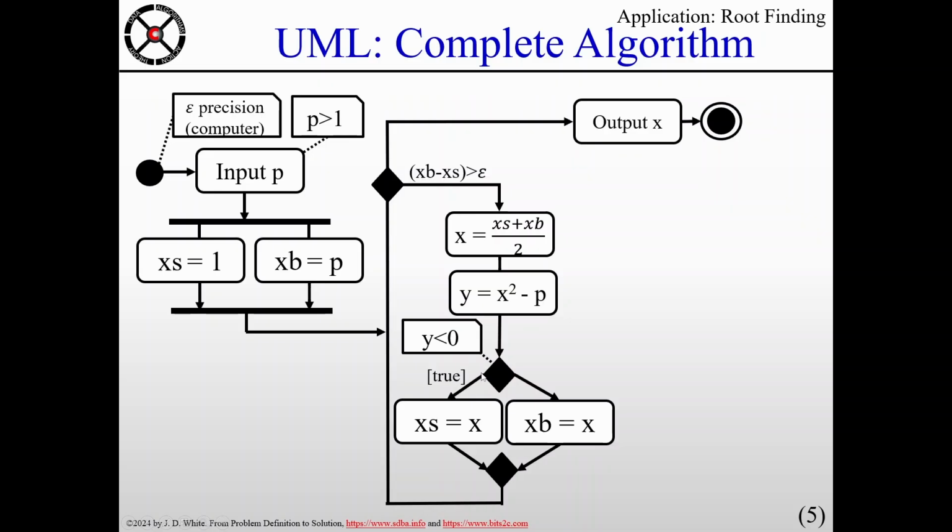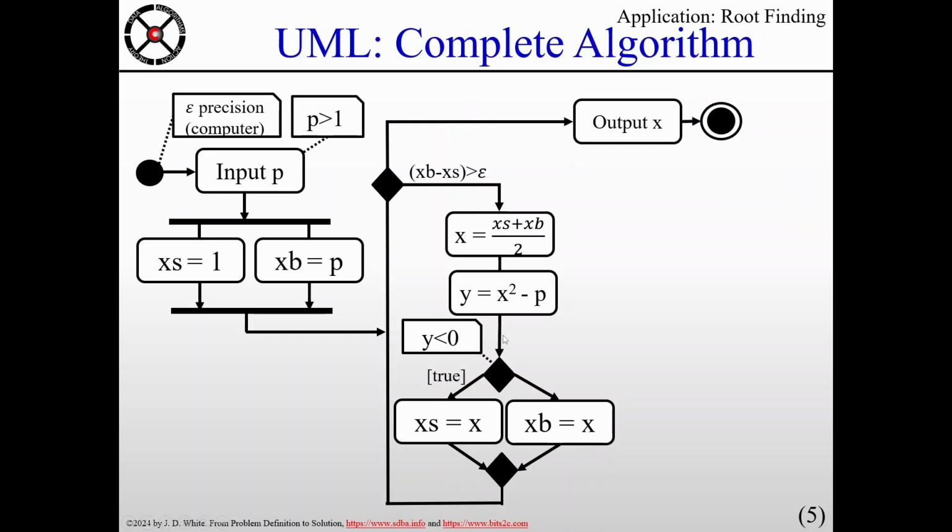If y is less than 0, it means we can then make xs x. If y is greater than 0, our xb will be x.